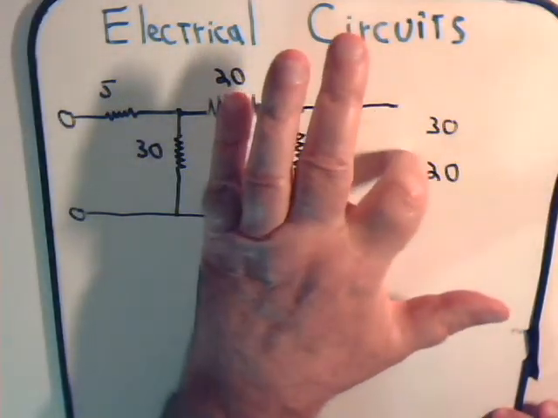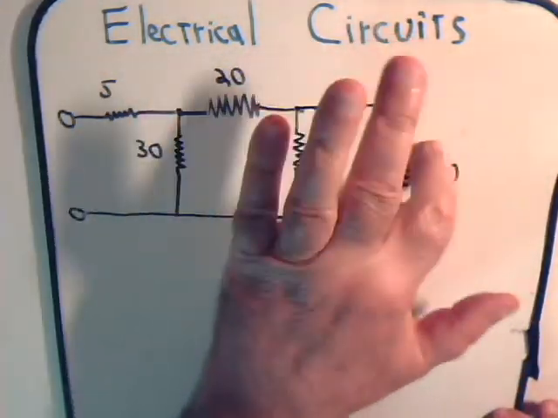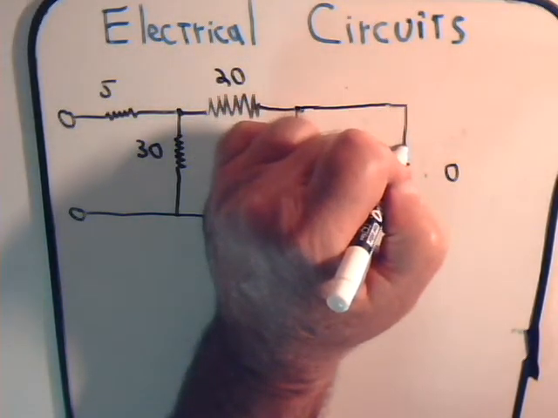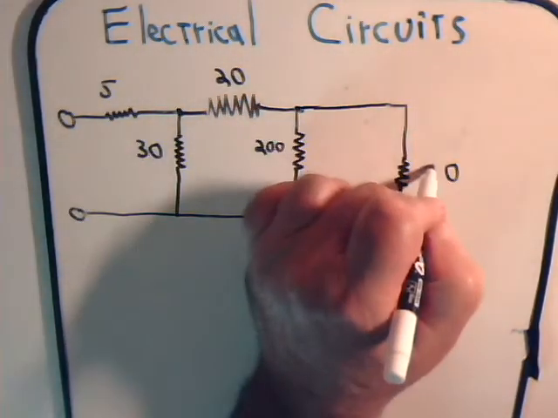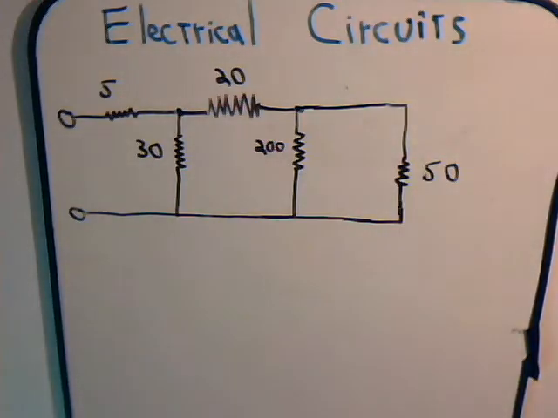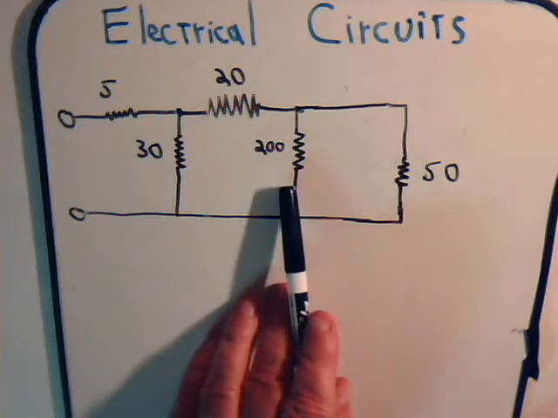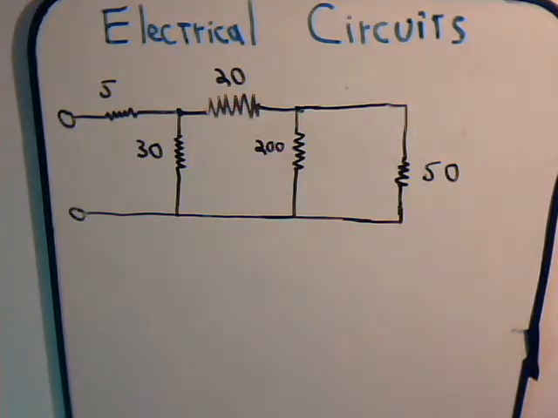So let's write it like that. So now we have a single resistor here that is in parallel with the 200 ohm resistor over here.